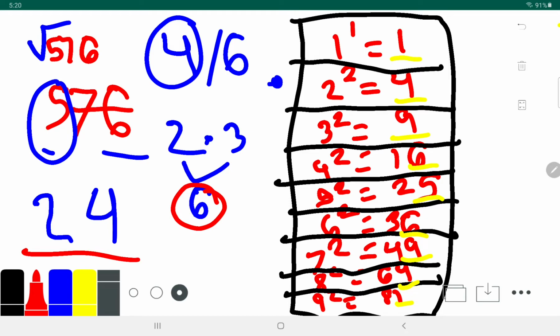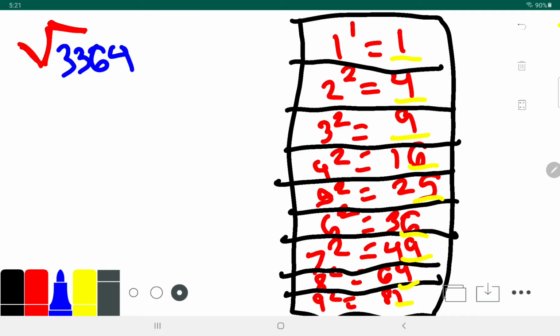Alright, so let me erase that. Now we have to find the square root of 3,364. Again, we want to look at the last digit, and see which ones have that last digit.